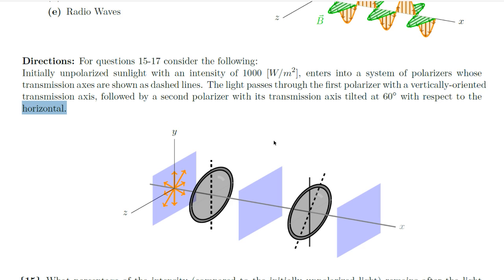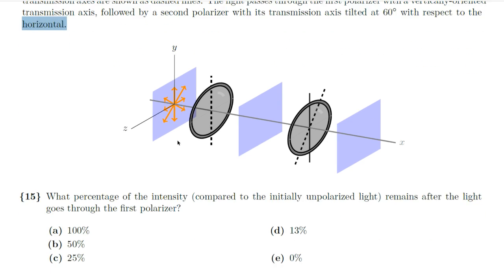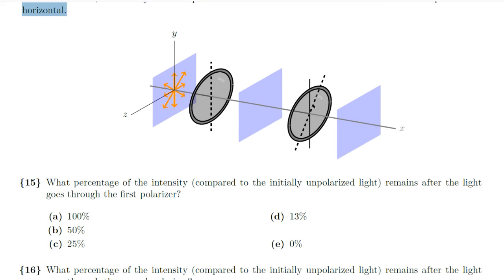That's actually what I wanted to do. So use that as vertical. Now, this polarizer has transmission axis 60 degrees from the vertical. So what that means is if you draw the vertical line, the transmission axis is 60 degrees away from that. Another way of wording that would have been 30 degrees from the horizontal.